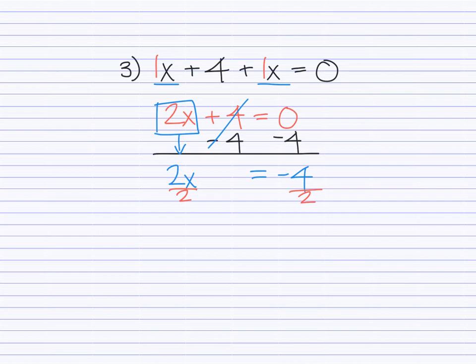So when we do that, 2 divided by 2 is uno, which we don't have to write because we understand that 1 is in front of that x anyways, equals negative 4 divided by 2 is going to be a negative answer of 2. Once you have your answer, please draw a pretty little box around it, circle or something, so I can easily identify that is your answer. All right, we're going to keep rolling.